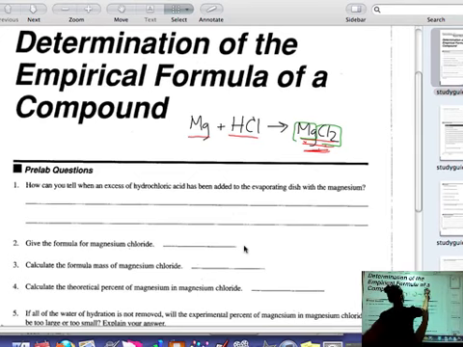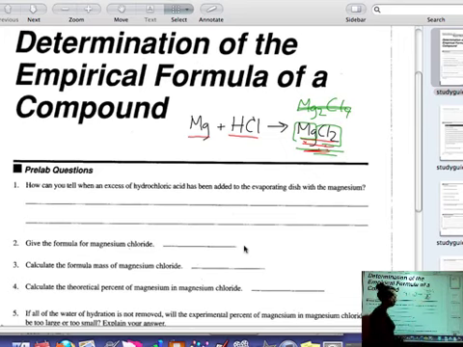Certainly it's possible to have Mg2Cl4. But what you're doing in this lab is trying to figure out what the empirical formula is, or perhaps in math, the lowest common multiple, the lowest common denominator. I don't remember which one I'm thinking of, but you're trying to prove that the least possible combination of these two elements in this compound is Mg1 and Cl2. Okay?